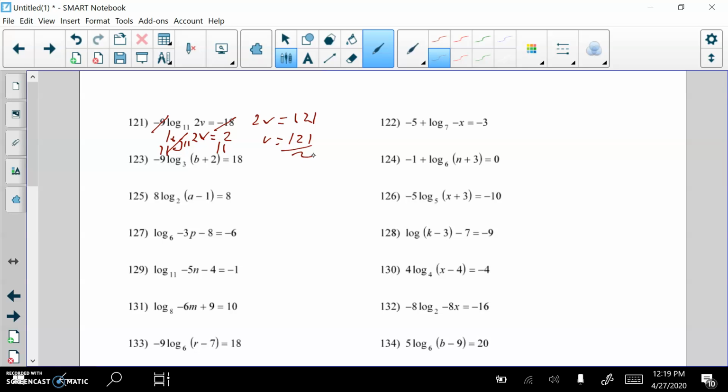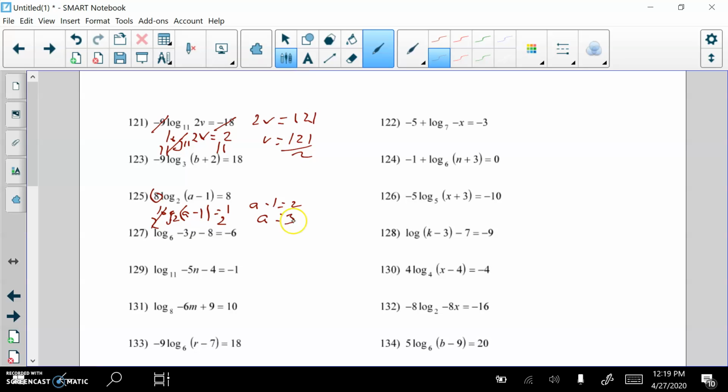And so that just kind of continues. Divide off the 8 on number 25. You get log base 2 of a minus 1 equals 1. Exponentiate; it doesn't cancel, it's a number. A minus 1 equals 2, so a equals 3. You can always plug it back in and check.